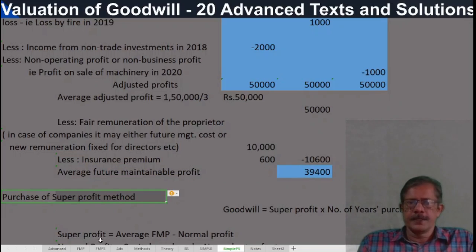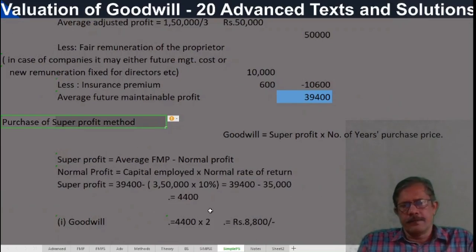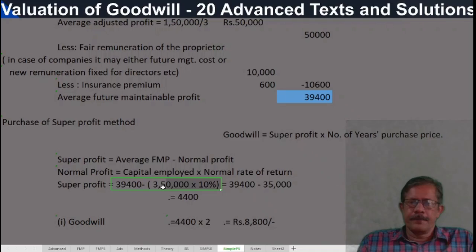So, the purchase of super profit method. There are two methods here. Super profit into number of years' purchase price. So first calculate super profit. Super profit is the excess of future maintainable profit over normal rate of return, so capital employed should be considered. What is the capital employed given in the question? 3,50,000. So super profit is equal to average future maintainable profit minus normal profit.